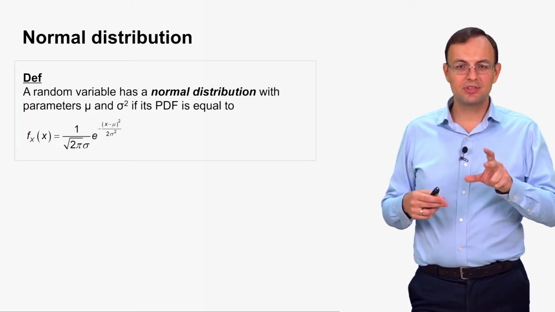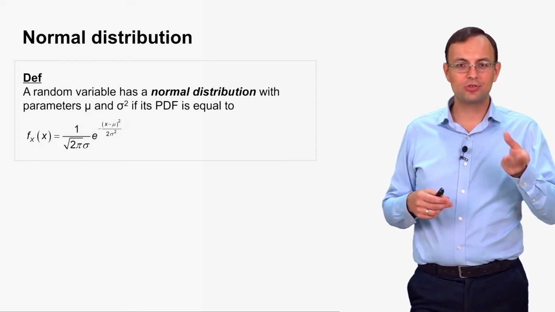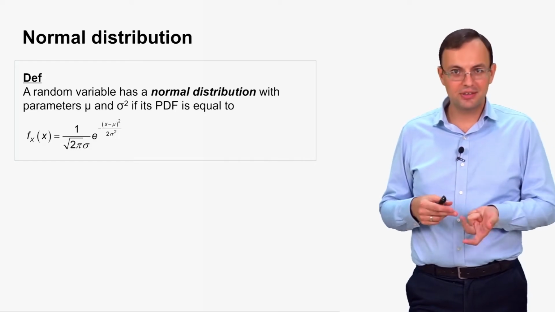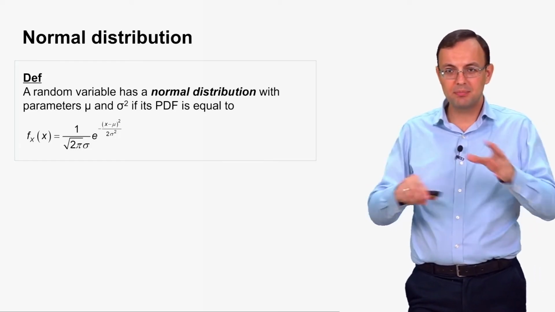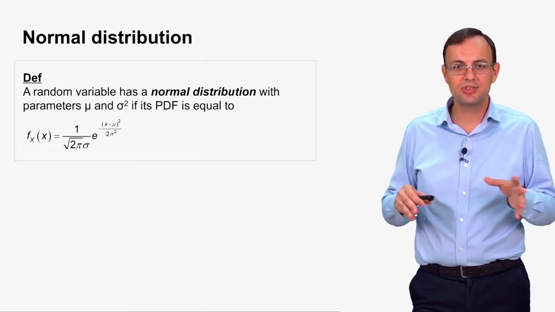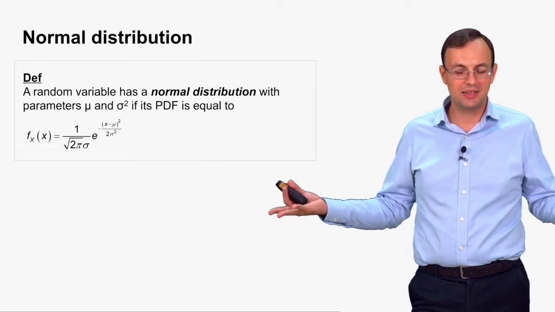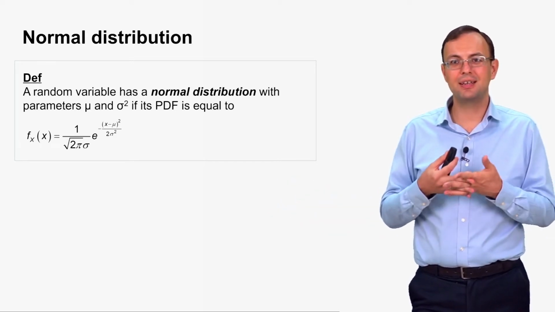The difference between, for example, today's exchange rate of dollar and ruble and yesterday's one is normally distributed, and so on. So normal distribution can be found in many different spheres.